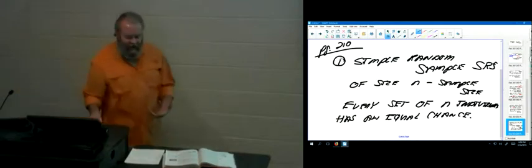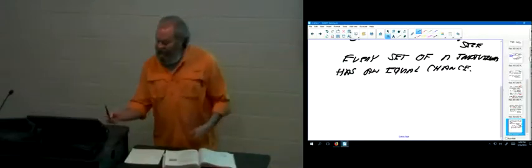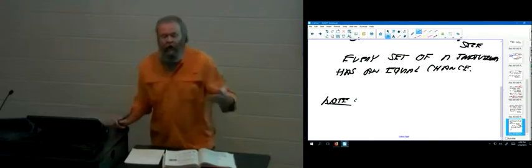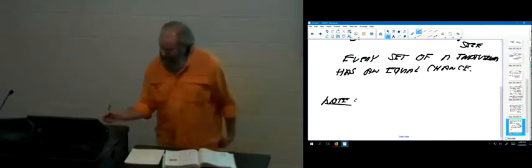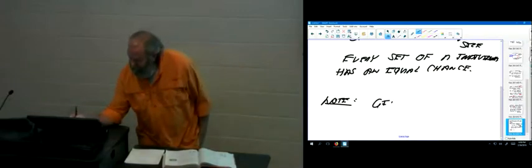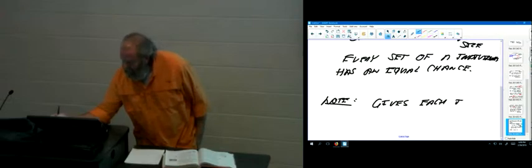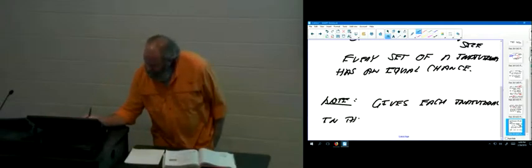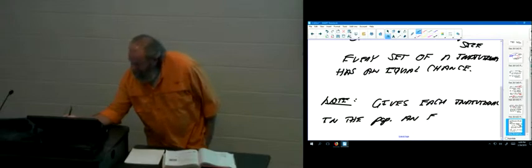Now, I've got to throw this out there. This is not to confuse you. My next little line is, but what a simple random sample does for you, not only does it give every set, every collection of n individuals an equal chance, it gives each individual in the population an equal chance. That's not the definition.